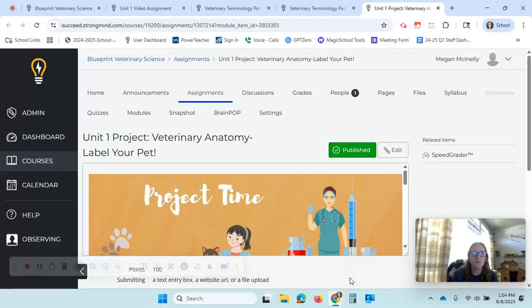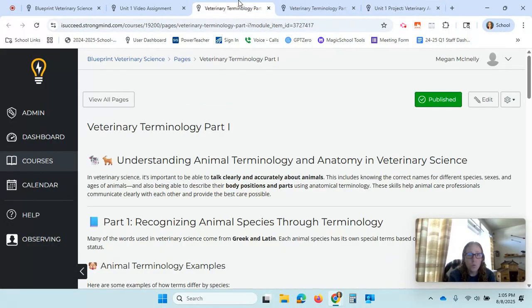If you recall in Unit 1, hopefully you were just finishing it up, we have two sections of veterinary terminology. When I started in veterinary science, people were using certain words, and I had no idea what that meant. It's really like a language specific to medicine.